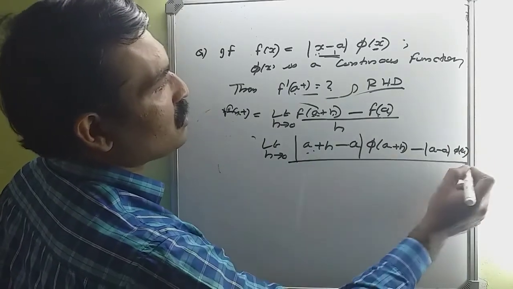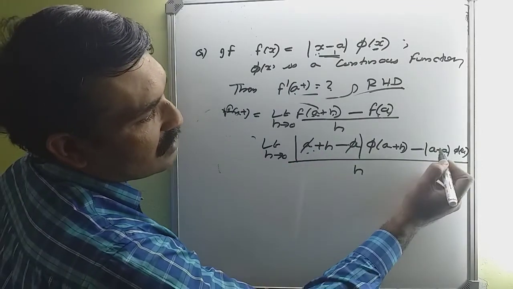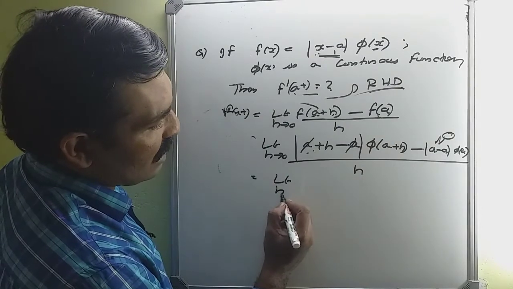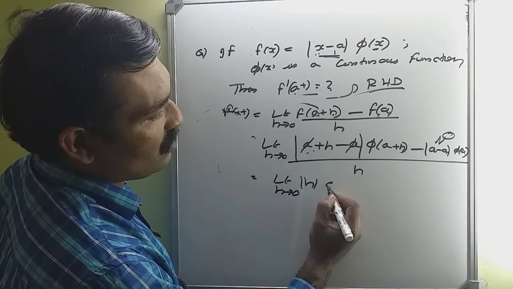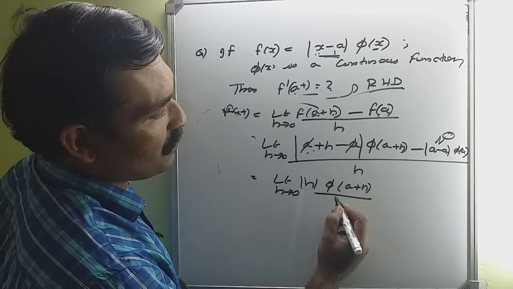This is divided by h. This time a minus a is equal to 0. So this is equal to limit h tends to 0 mod h into phi of a plus h by h.